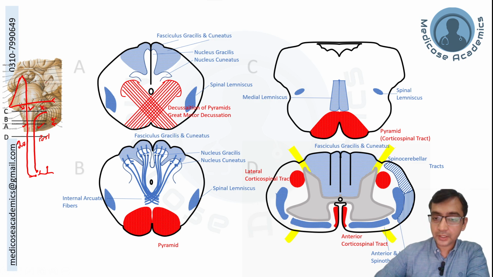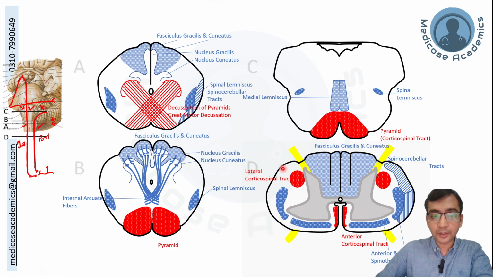Let me show you. Here are the anterior and posterior spinocerebellar tracts going in the lateral aspect of the spinal cord. Here in this case, option D, it moves up.